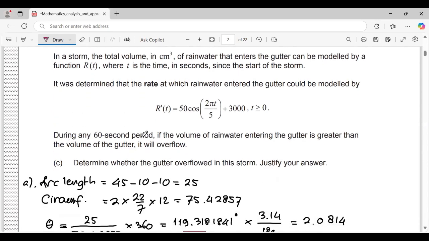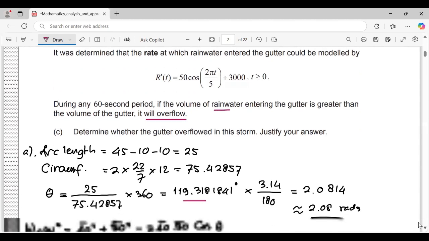During any 60-second period, if the volume of rainwater entering the gutter is greater than the volume of the gutter, it will overflow. Determine whether the gutter overflows in this storm. Justify your answer.